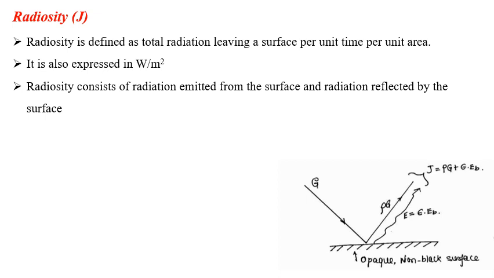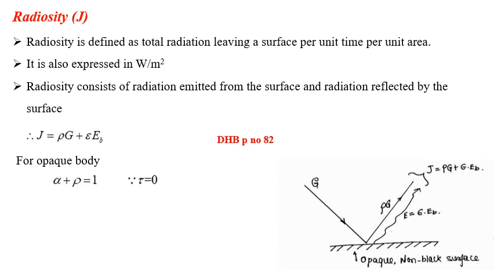Therefore J is equal to rho G plus emissivity into EB. This you can see in the data book.